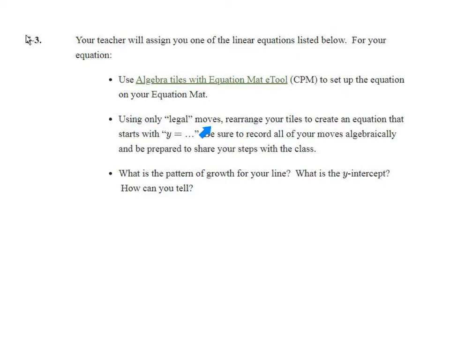Then, using only legal moves, rearrange your tiles to create an equation that starts with y equals. Be sure to record all of your moves algebraically and be prepared to share your steps with the class. And then last, what is the pattern of growth for your line and what is the y-intercept and how can you tell?